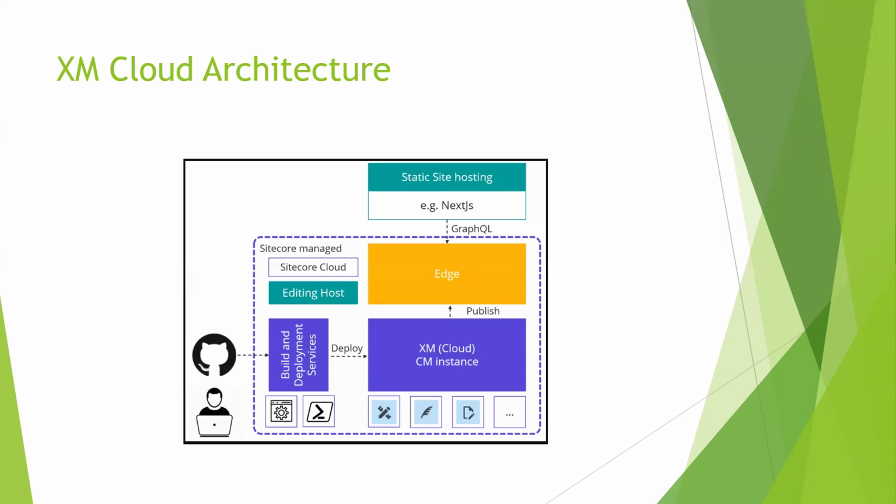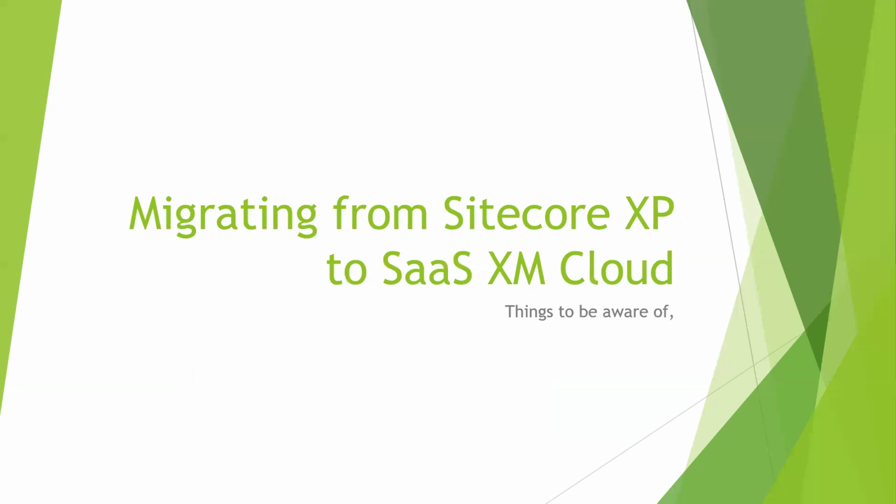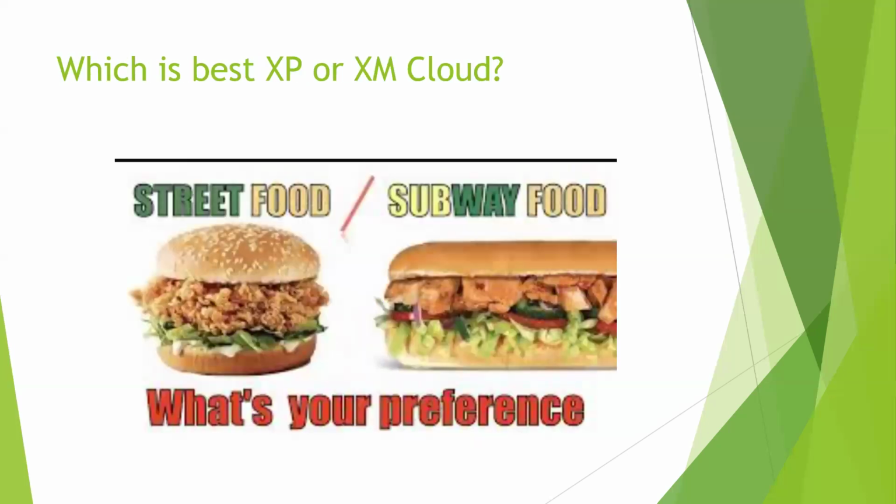If I want to improve my performance over XP, I can go for XM. So each and every project depends. We can go for XP or we can go for XM Cloud. There is not much hype for XM Cloud, as per my understanding. Based on the business and the project, we can go for whatever we want. So this is my most practical example.